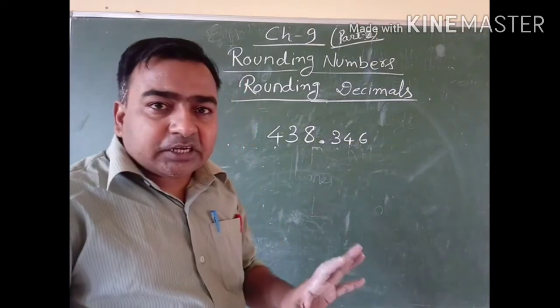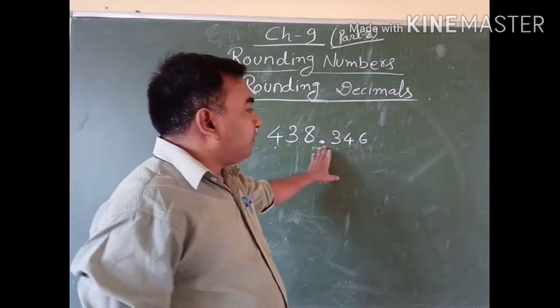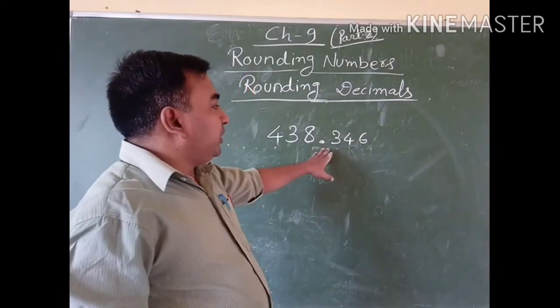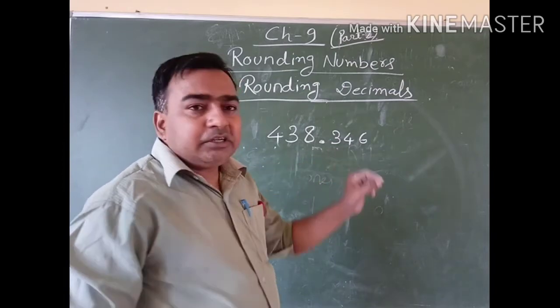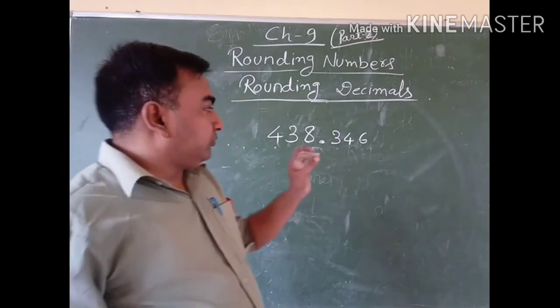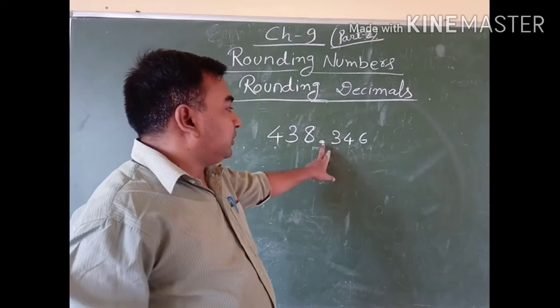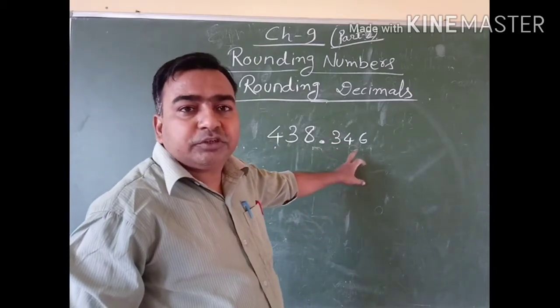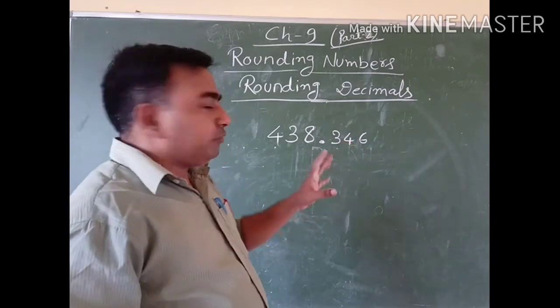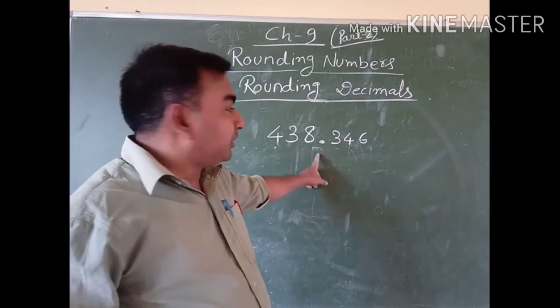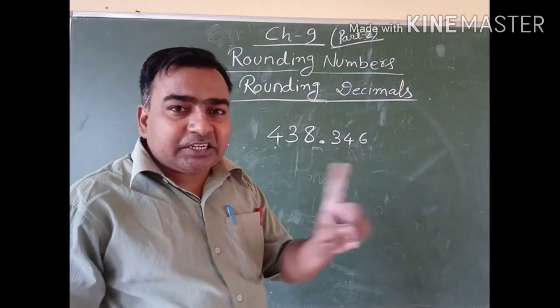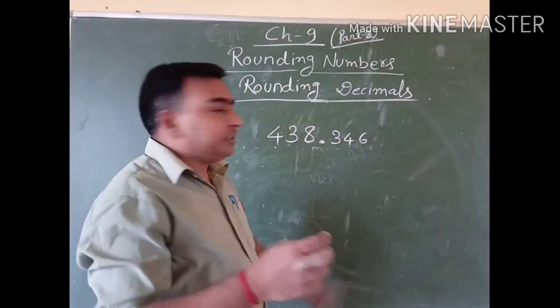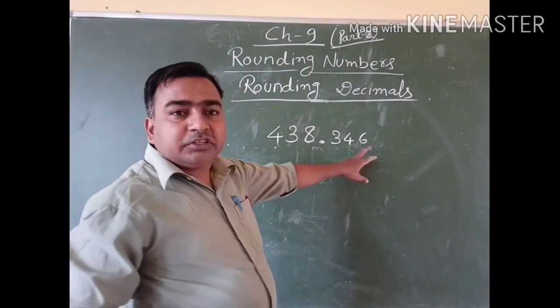Already I told in the discussion class, after the decimal we read the number with single digits: 438 point 3 4 6. We will not read it as 438 decimal 346.